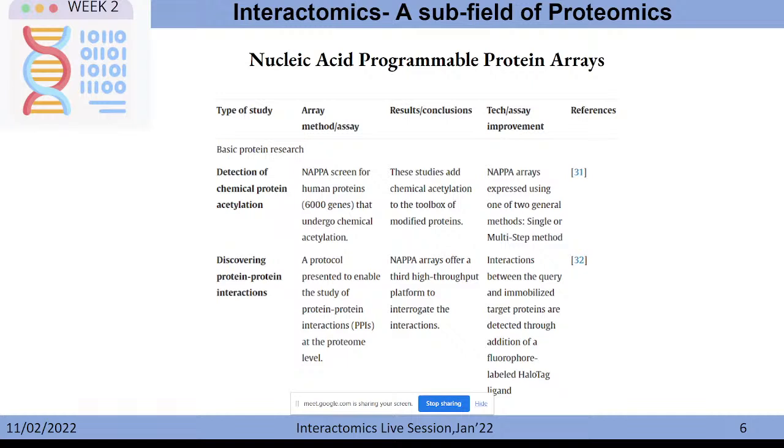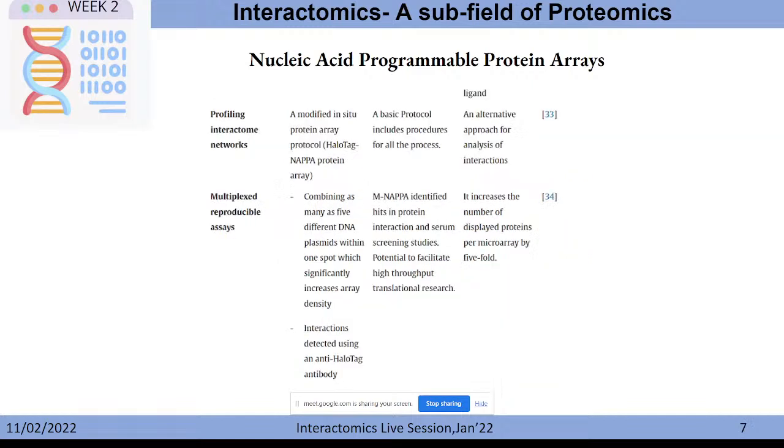There you can identify the protein interactions. Then you can profile your interactome networks. The same way you can do it for one protein, you can do it for multiple proteins and identify all those.